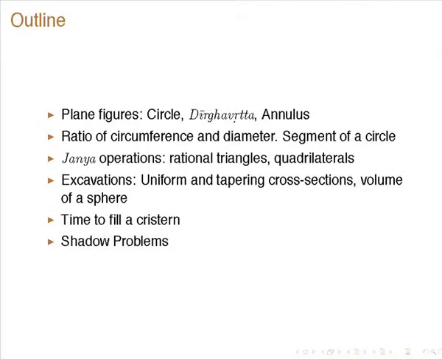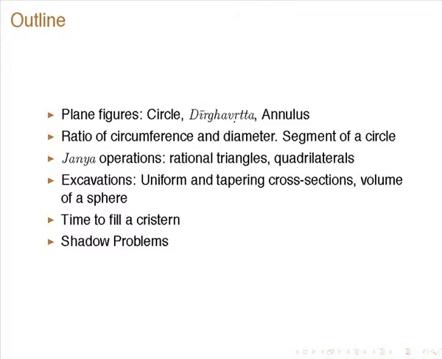So, the third part of these 3 lectures on Mahavira Ganita Sangraha will be on the areas and volumes. In this outline, we will first discuss the plane figures, regular figures like circle, Dirgha Vrutta, annulus, then the results for the circumference and diameter of a circle, then segment of a circle.